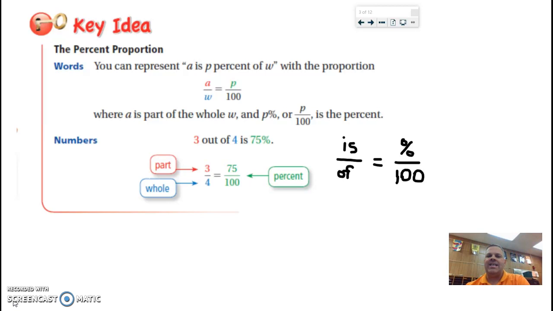You can represent A is P percent of W with the proportion A over W equals P over 100, where A is the part of the whole W, and P percent, or P over 100, is that percent. Another way to think of this is is over of equals percent over 100. You can see here 3 out of 4 is 75%. 3 of 4 equals 75 over 100.